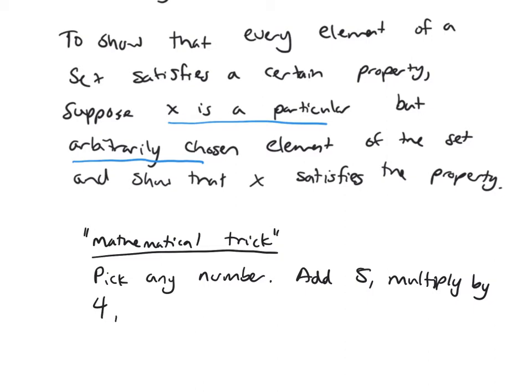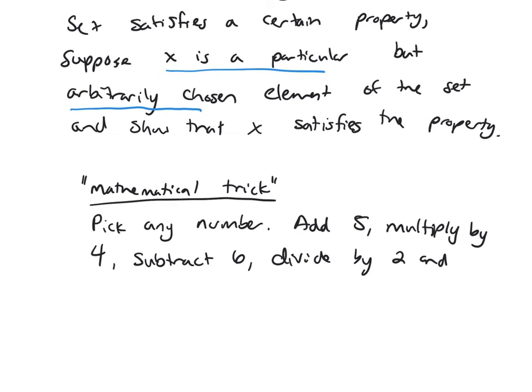All right, and then after you do that, you're going to subtract 6 and then divide by 2. And finally, I want you to subtract twice the original number.